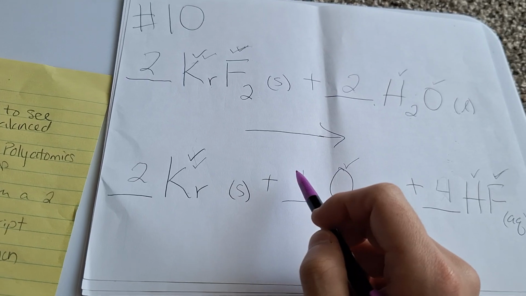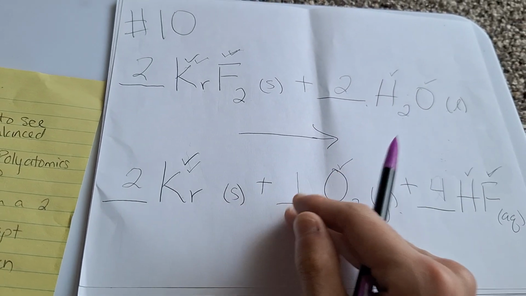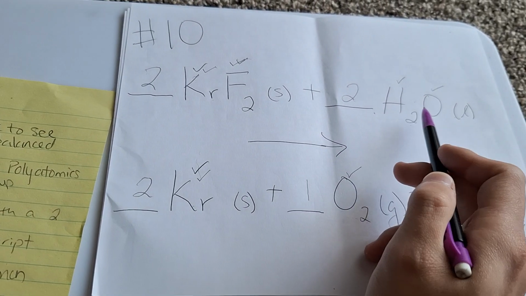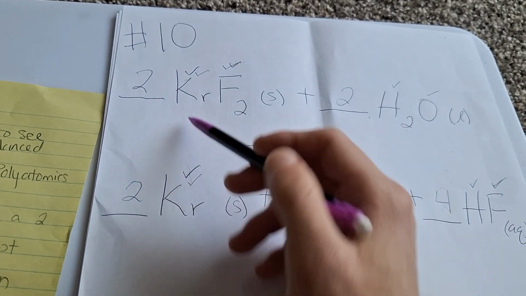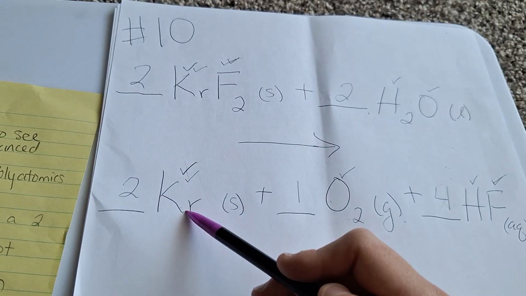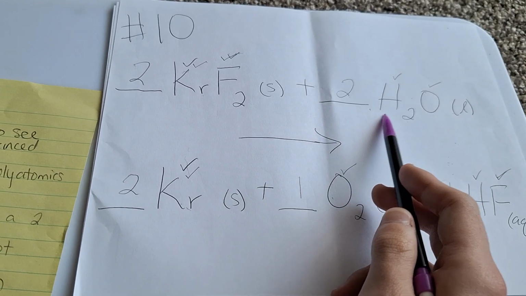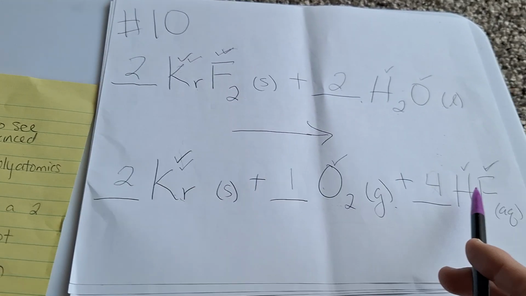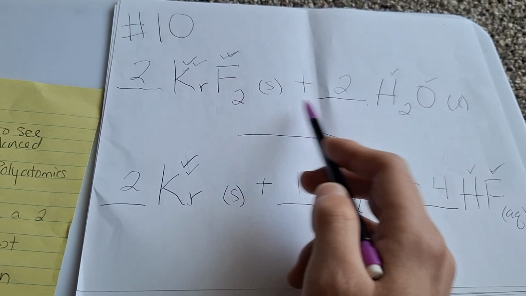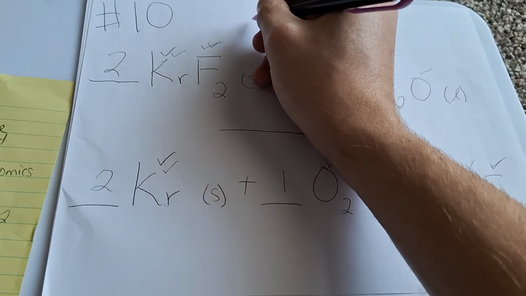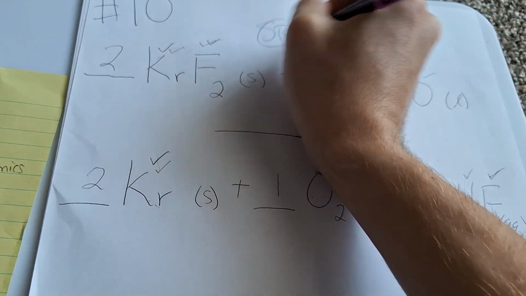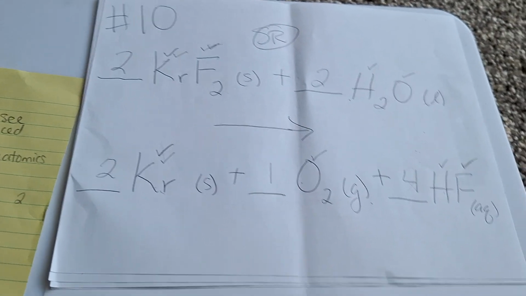This one is a little tricky on trying to tell what the type of reaction is, but the oxygen came out by itself. Krypton by itself. The hydrogen and the fluorine, however, combined. So if only one thing combined, this makes it a single replacement reaction.